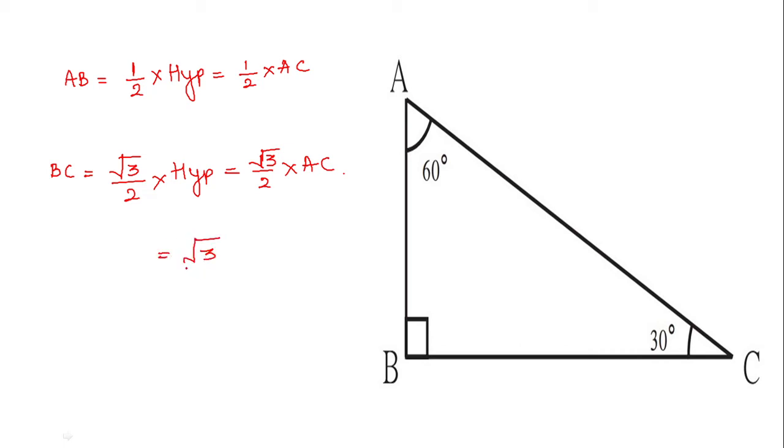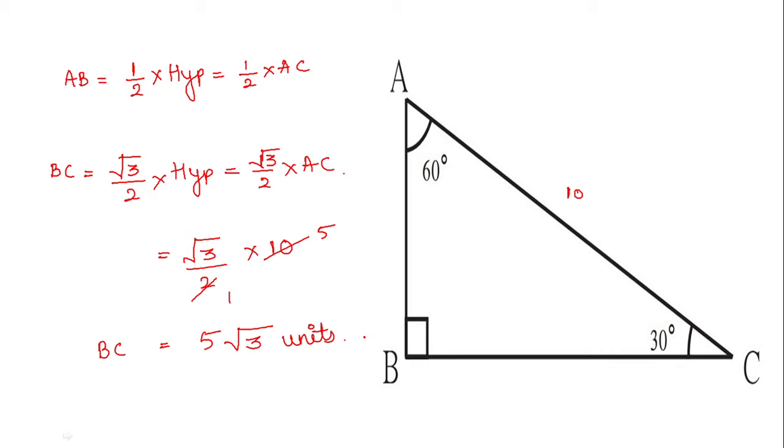So what will be the value of BC then? Root 3 upon 2, in place of AC, I will put 10. So it will be 2 ones are 2 and 2 fives are 10. So the value of BC will be 5 root 3. BC's length will be 5 root 3 units. In this way, you are going to find the lengths of the sides for a 30, 60, 90 degree triangle.